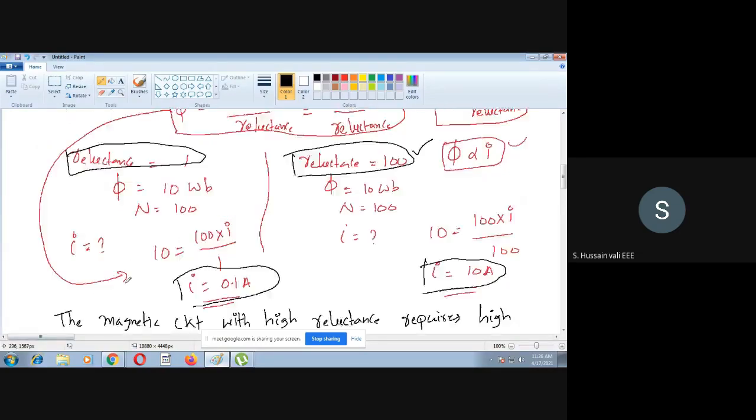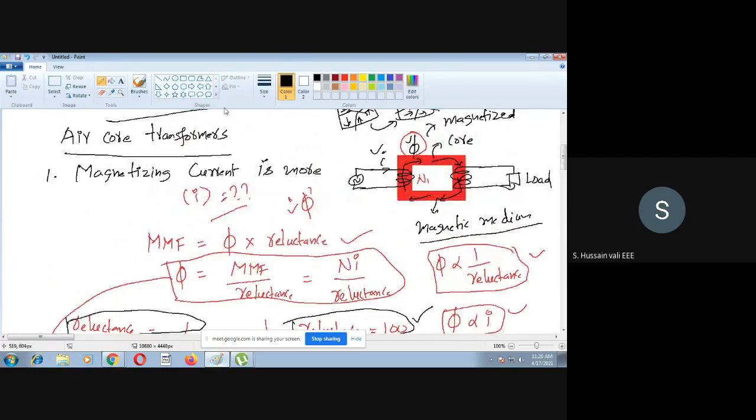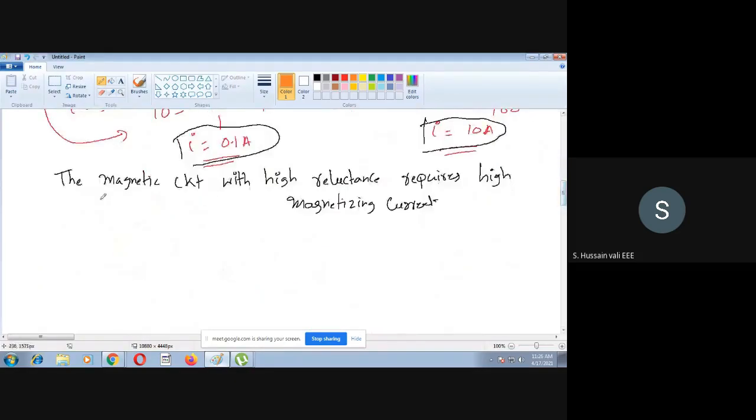Now coming to the first point, what I said here is that in an air core transformer, magnetizing current is more. But what is the conclusion we got here? A magnetic circuit having high reluctance requires high magnetizing current.